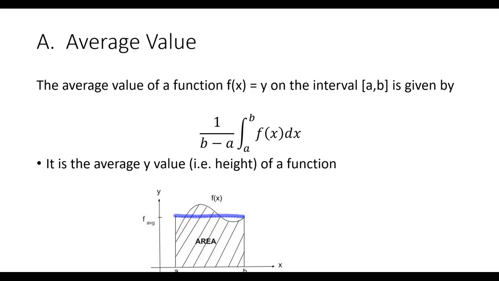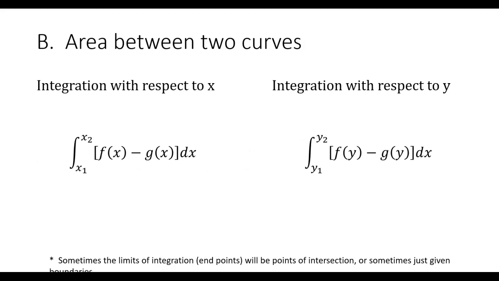And so the average value is what you would get if you imagine taking your function and flattening it out. So an interesting way of thinking about it is that the area above the average value should always be equal to the area under the average value that's not there.